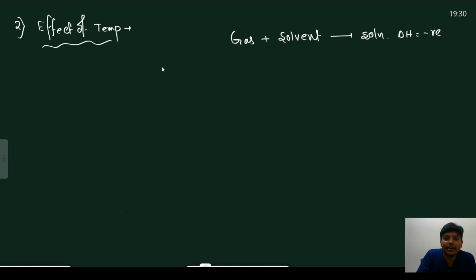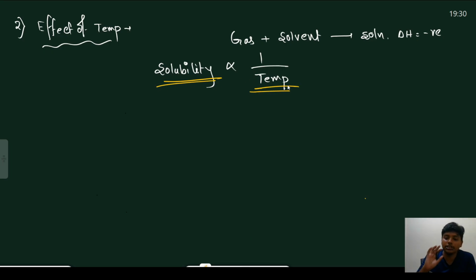Now, if delta H is negative, is solubility directly proportional or inversely proportional to temperature? Inversely proportional. So remember this: for gas in liquid, solubility is inversely proportional to temperature.